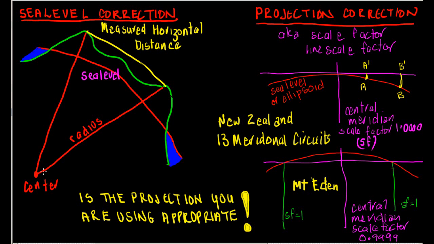Now, having produced our measured horizontal distance to sea level, we now must apply what we call a projection correction, because although we've reduced our distances A to B to the sea level or ellipsoid, they're sort of interchangeable. They are different but generally coincide.